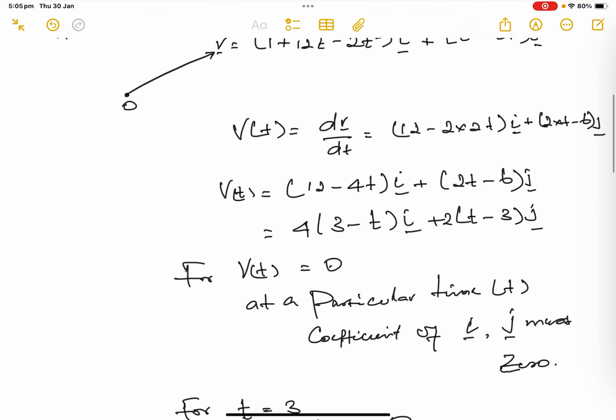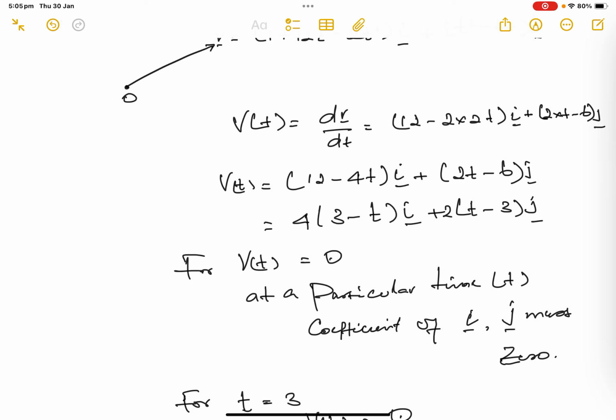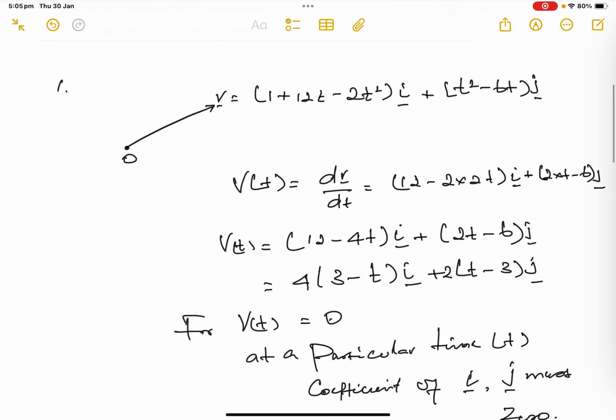So v(t) equals dr over dt. For the first part, the coefficient of i, the differentiation is 12 minus 2 times 2t, because 1 gives 0, 12t gives 12, and minus 2t squared gives 2 times 2t.